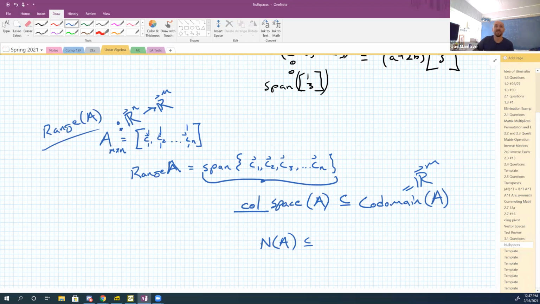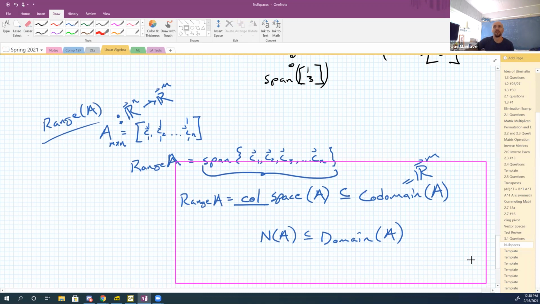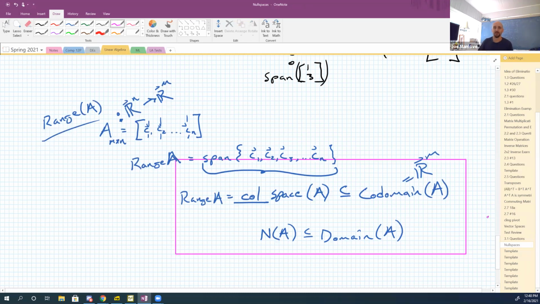You guys see that? It's a little hard to keep track of here because we've got a lot of moving parts, right? We've got a function and there's a lot of stuff going on. The null space lives in the domain. The column space lives in the codomain. And the column space is the range. So if you want to take something from this, this is the part to take today. Good with that?